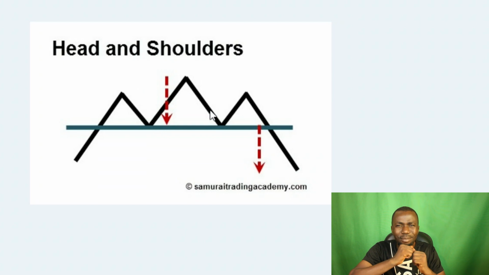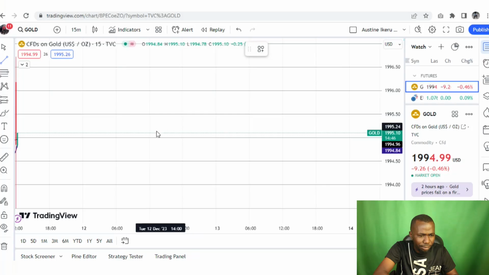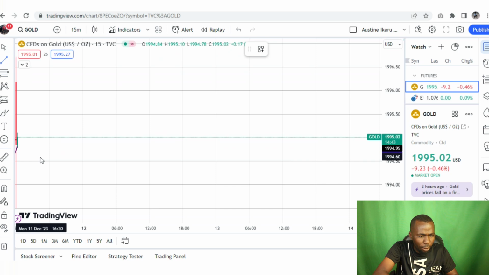So this is one of the best strategies to trade trend reversal. Once you identify this on an uptrend, know full well that an uptrend is coming to an end and a new downtrend is about to begin. So it looks something like this. First, we have an uptrend making higher high, right?